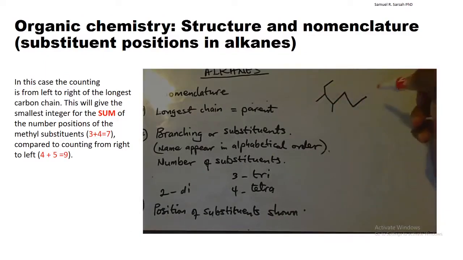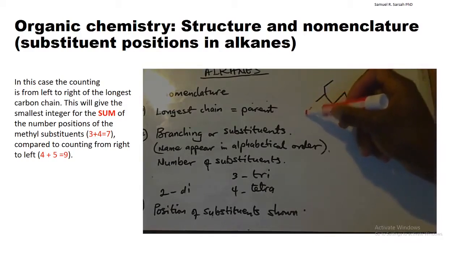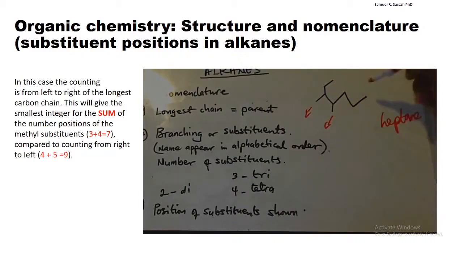So the structure, to find the longest chain, you have several routes. You have 1, 2, 3, 4, 5, 6. However, if you examine it carefully, you see there's 1, 2, 3, 4, 5, 6, 7. Okay, so it's heptane. And then if you count from here to here, this will be on carbon number 1, 2, 3, 4, 5.